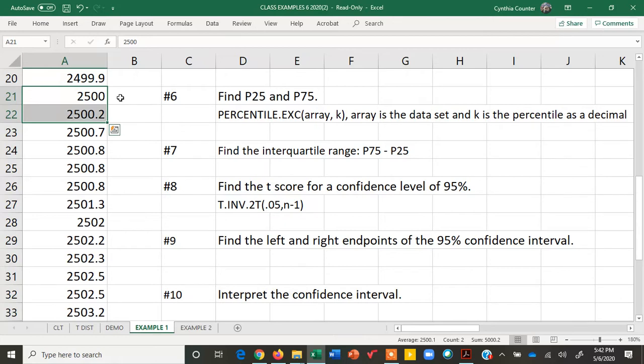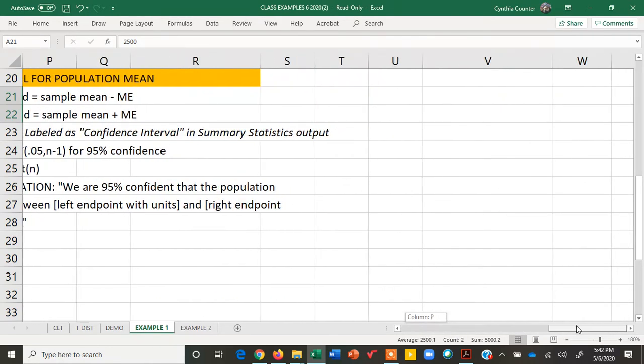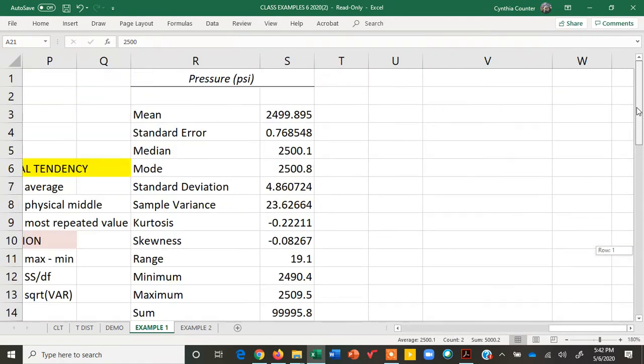So the physical middle would be the average of these. The average of 2500 and 2500.2 would be 2500.1. So when we go back and look at our output for the median, indeed, we see 2500.1.